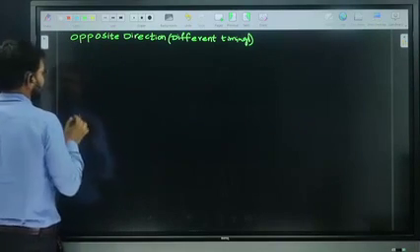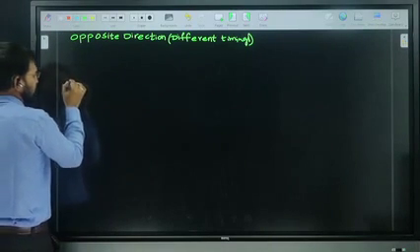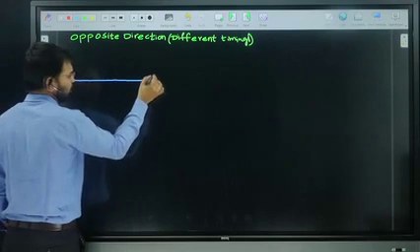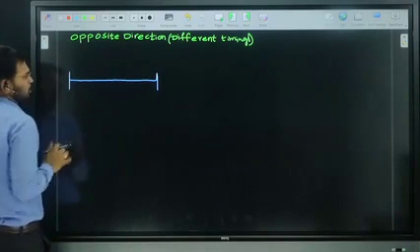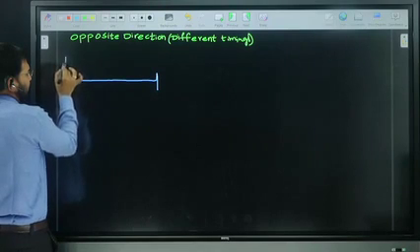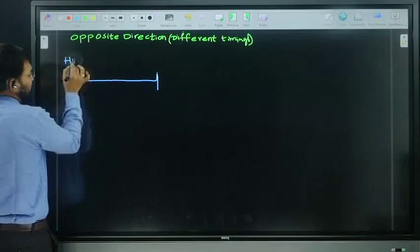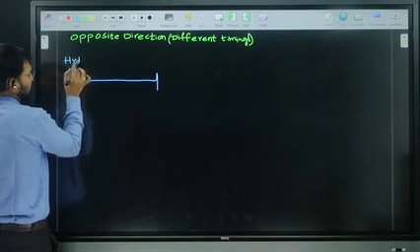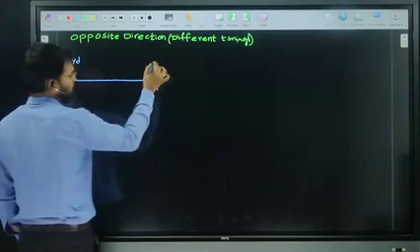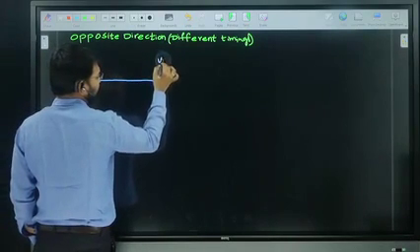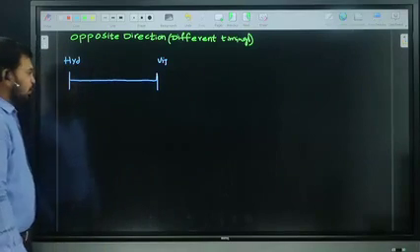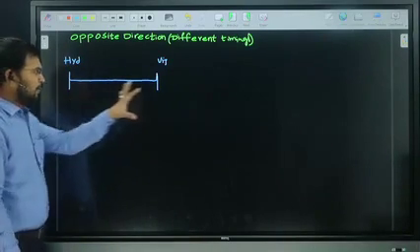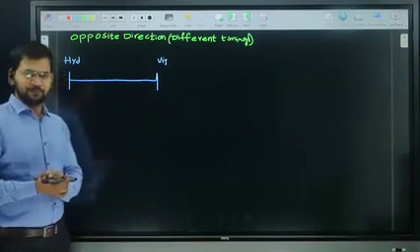Say, for example, this is Hyderabad and this is Vijayawada. Just assume one place is Hyderabad and one place is Vijayawada.